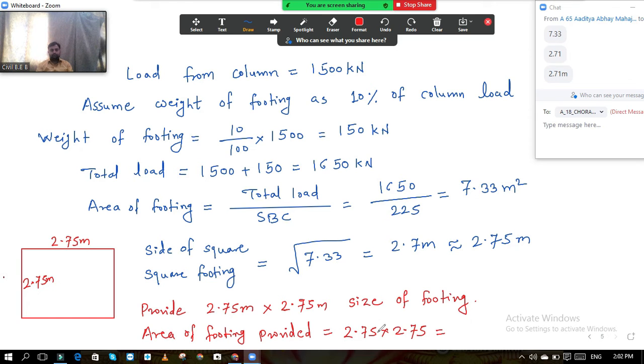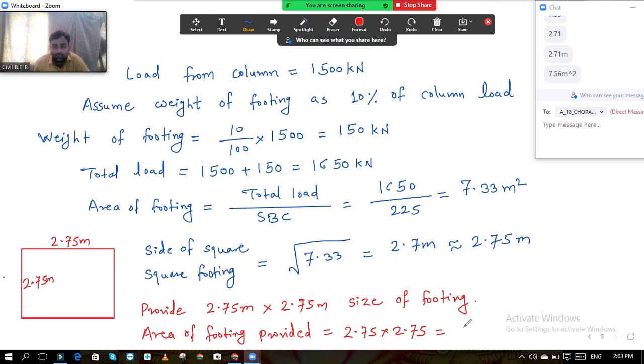What is the area? Do the calculations, let me know the answer. 7.56.